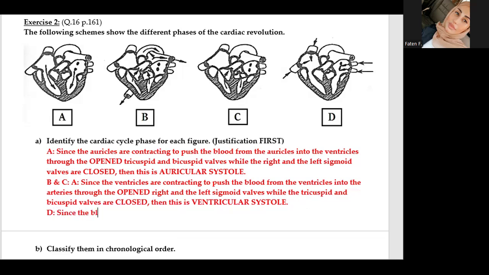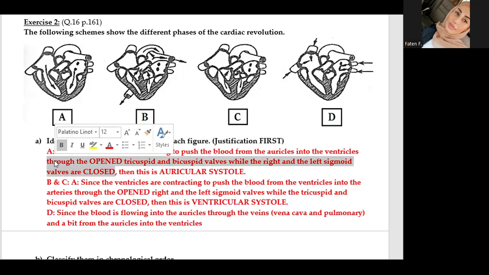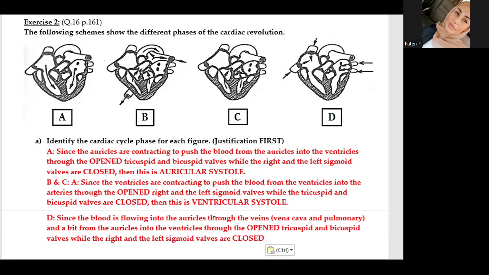Now part D, since the blood is flowing into the auricles through the veins, here of course we are saying vena cava and pulmonary vein, and a bit from the auricles into the ventricles, through the slightly open, a little bit open tricuspid and bicuspid valves, while the right and the left sigmoid valves are closed.